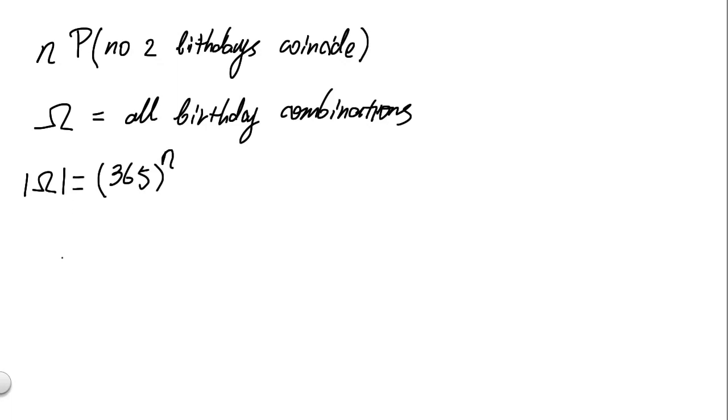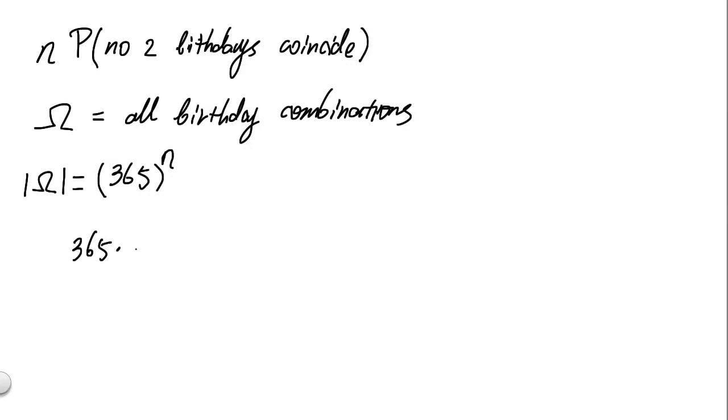Now, out of the sample space, we'll look at all combinations where no two people have exactly the same birthday. To count that, we can start from the first person, person number 1. This person has 365 choices because so far there has not been any other birthdays to conflict with.